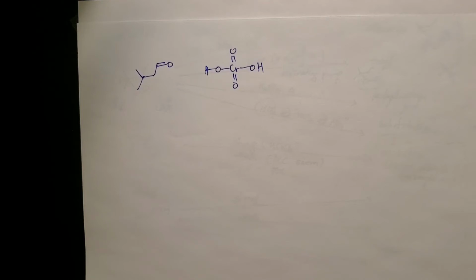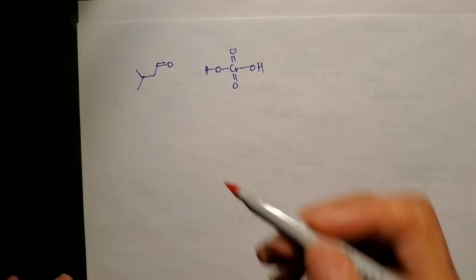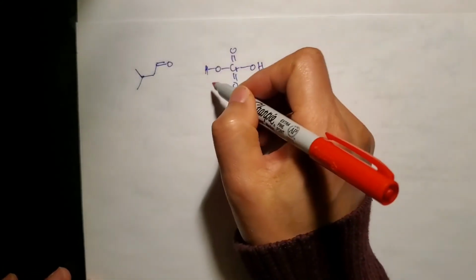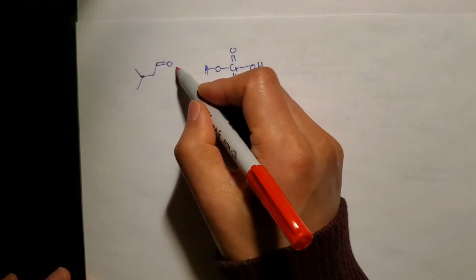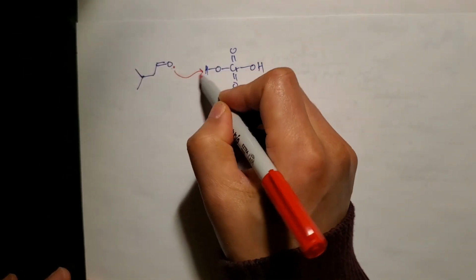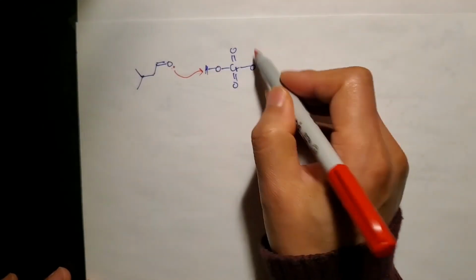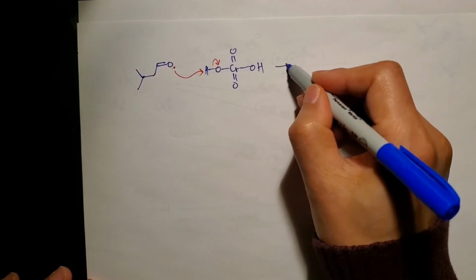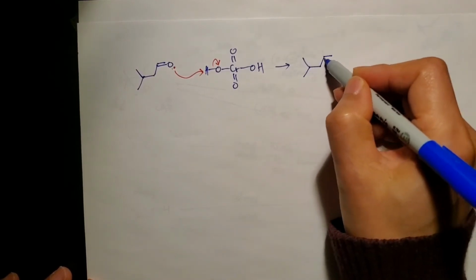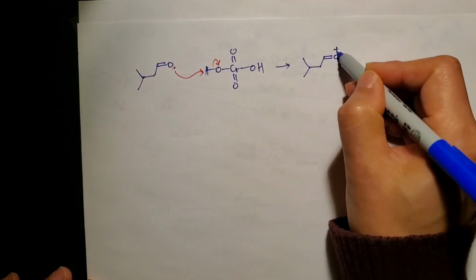So I'm suggesting you feel free to come up with your own mechanism and see you are not making any step impossible. So here you can say, you can attack there and go from there, or you can say, I want to attack hydrogen just like a sulfuric acid. Then you form this.